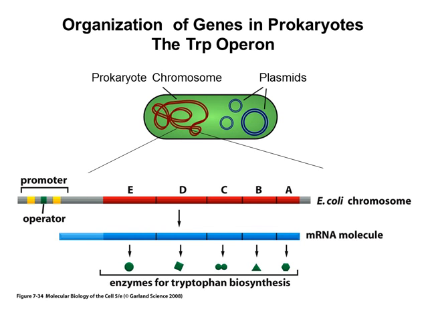Now the point here is that from this trp operon, one messenger RNA molecule is made. There are no introns, so it's just end-to-end, one long message. From that message are then translated a number of different proteins.